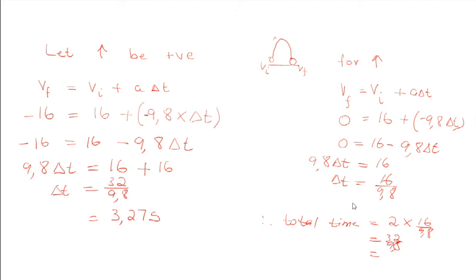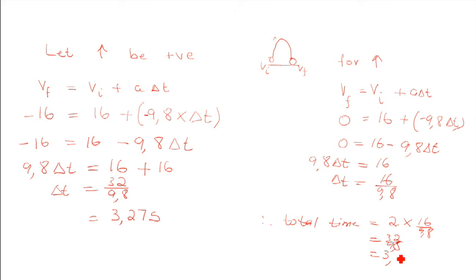So this answer and that answer will be the same. So why would you not have done that once and for all? That is just another method. You can go for that other one, it is still fine, but make sure that you always stick to your values and your signs. They are very important. So this is still going to be 3.27 seconds. This is not 5, guys. That is seconds. Okay.